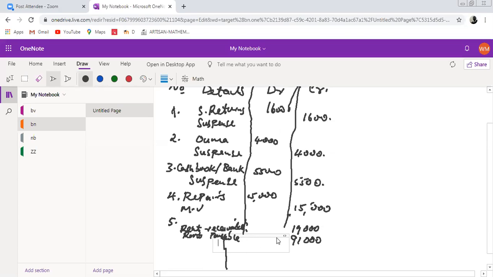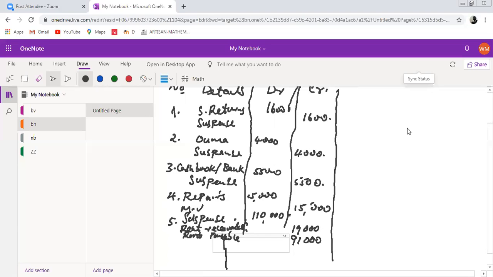And then the sum between the two is now supposed to go to the suspense, which is 110,000. You record it in the suspense, which is 110,000, and the journal entries will be done by so doing.